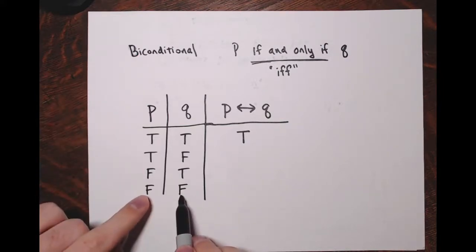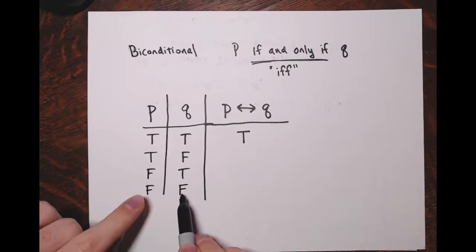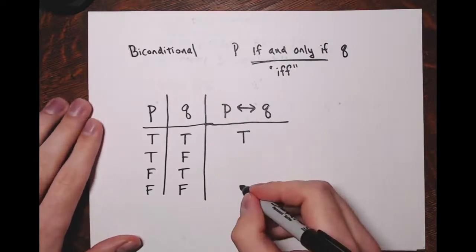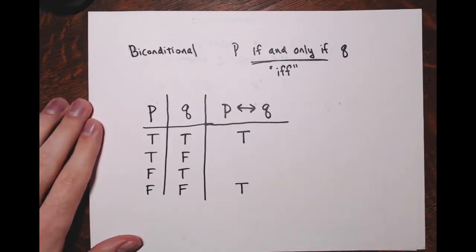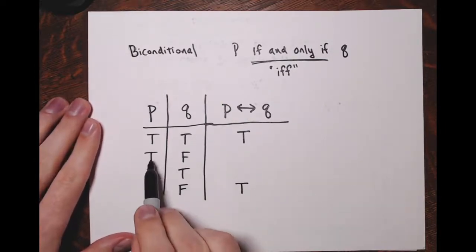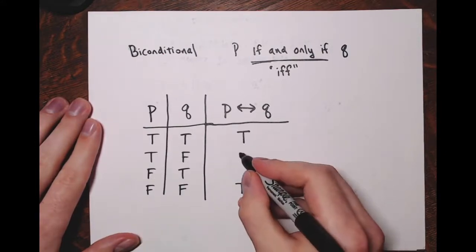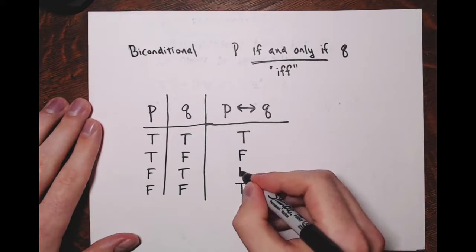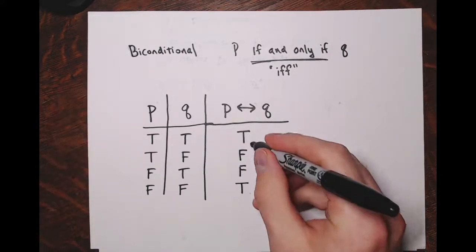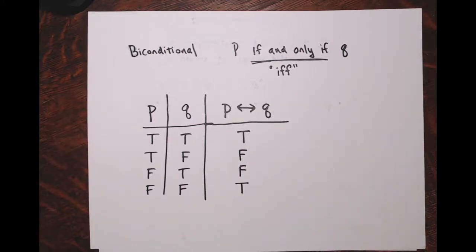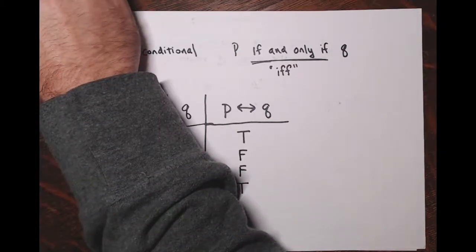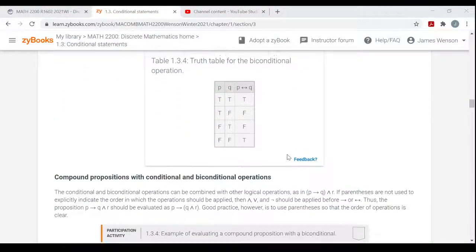And in the last row, P and Q are both false. They have the same truth value. And when the two statements have the same truth value, the biconditional is considered true. And then all other times when the truth values aren't the same, true and false, false and true, the biconditional is considered a false statement. So we have true, false, false, true there. All right? Let me give that to you here.